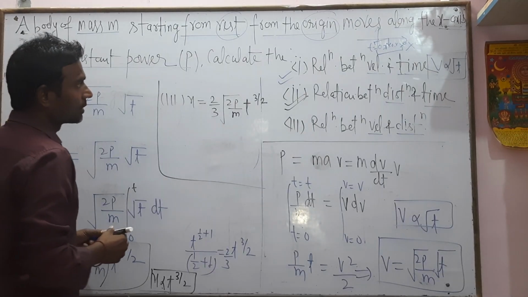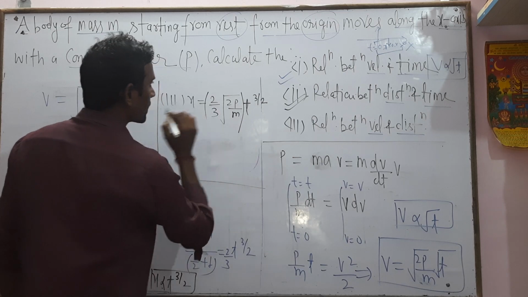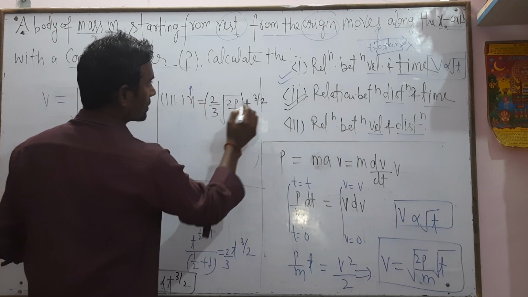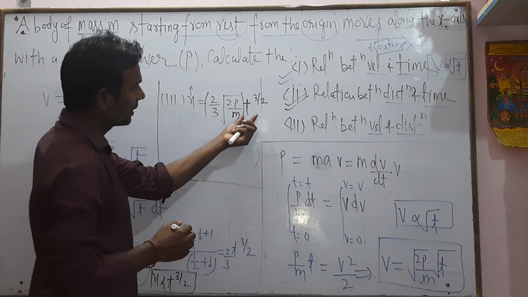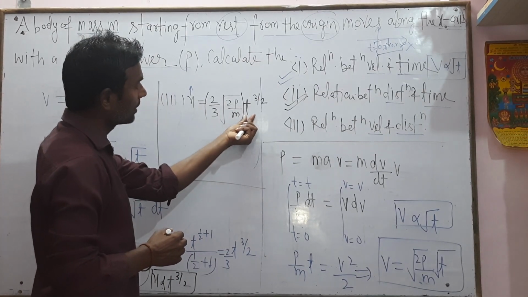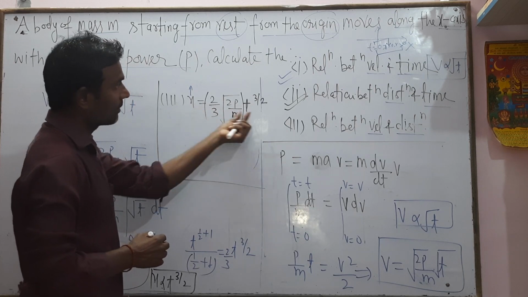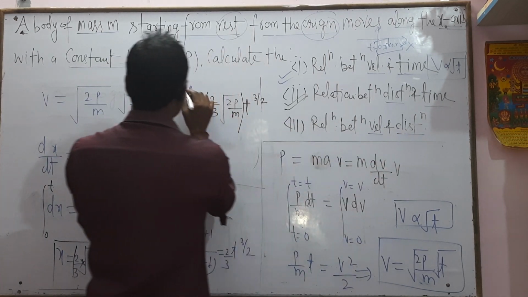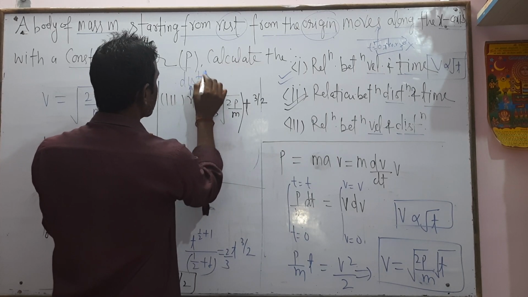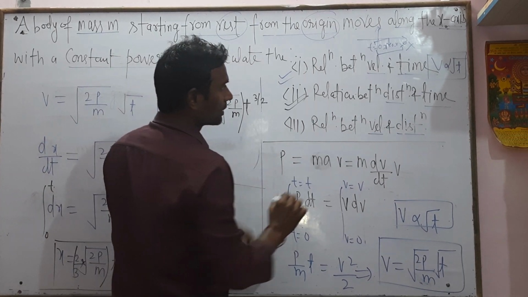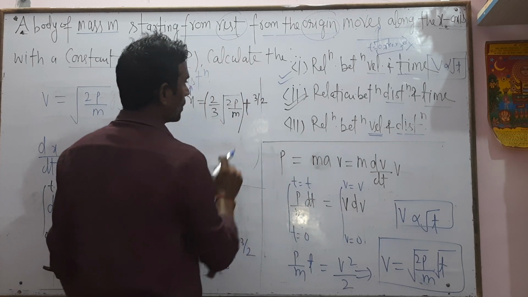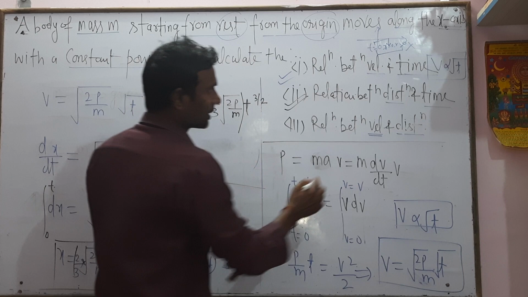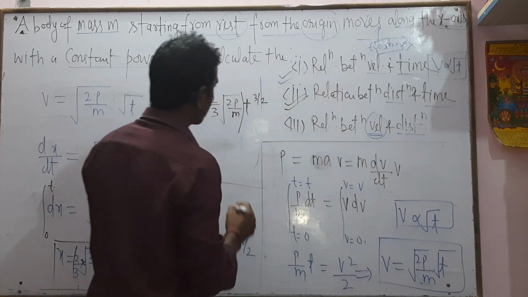Here this is the distance and this is the time. We are trying to find the relation with velocity, because distance is given. This is the distance and this is the velocity. And time t to the power 3 by 2 can be written here.